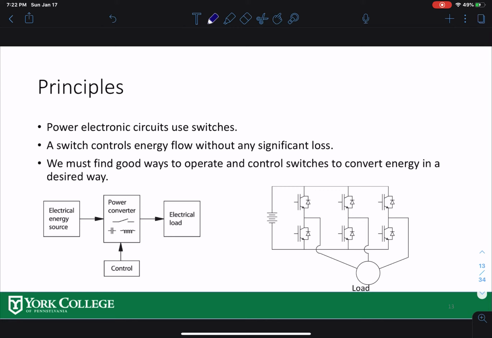If you look here, a power electronics device basically uses these three components: a switch, which could be a transistor or MOSFET, and a capacitor and inductor. These are the basic things a power converter uses, and a control circuit is needed here to control the switching. Then you can match the electrical source to the electrical load.